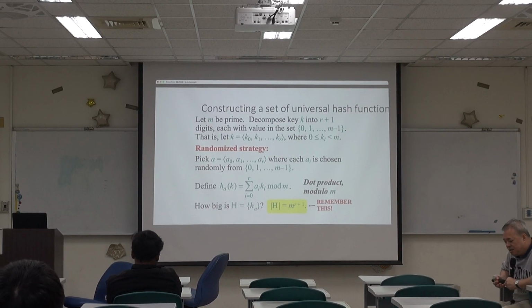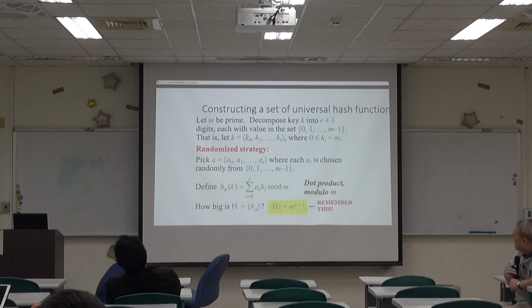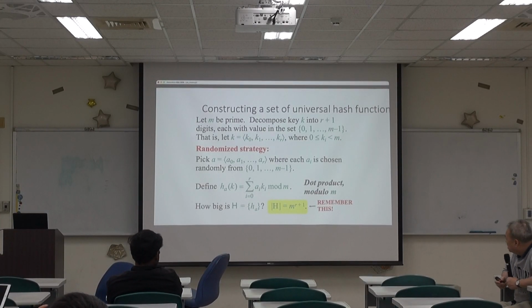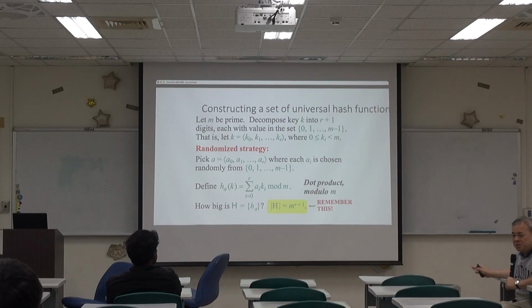It looks complicated, but at the end, it is actually easier than you may think. So how do we construct a set of universal hash functions? We still have 20 minutes. I hope to finish this part.